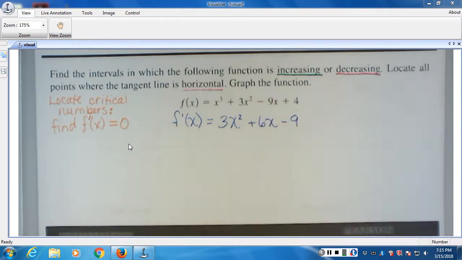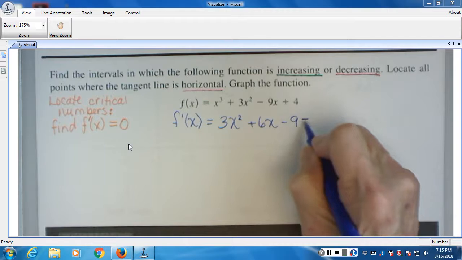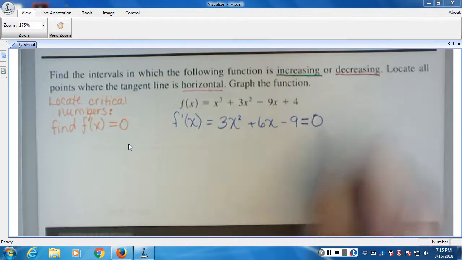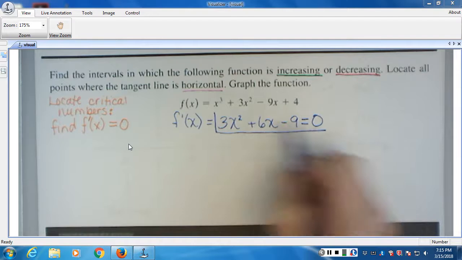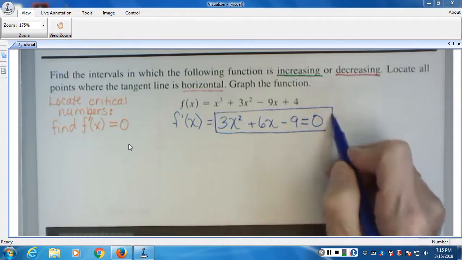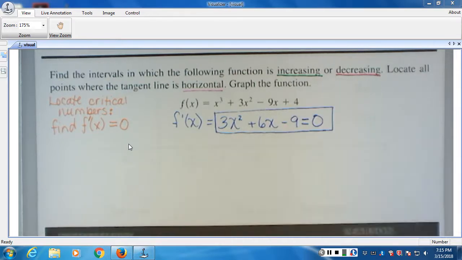Okay. And now that we have the derivative, we are going to set it equal to 0. So that means we need to solve that equation for x.